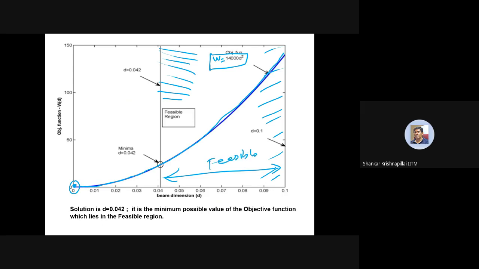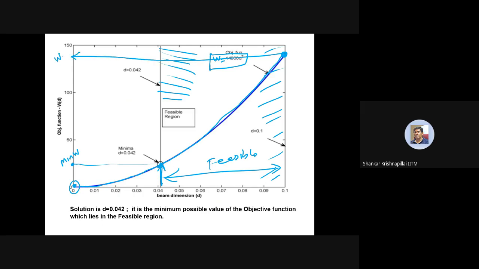The objective function is entering the feasible region at this point, and this is the minimum value of the weight. Here the objective function is just leaving the feasible region, so here you get the maximum value of weight.